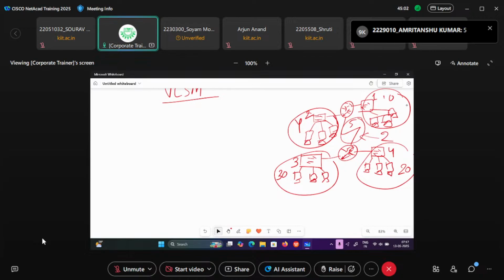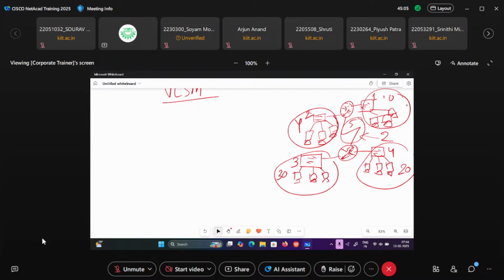So if we start with the IP, let it be 200.100.10.0/24, and from this network I need 5 subnetted networks. So how do we calculate?